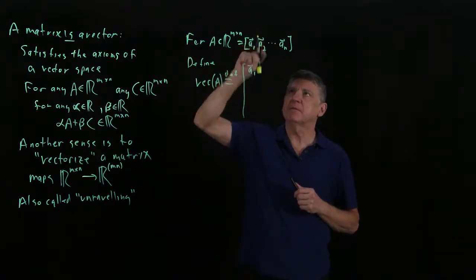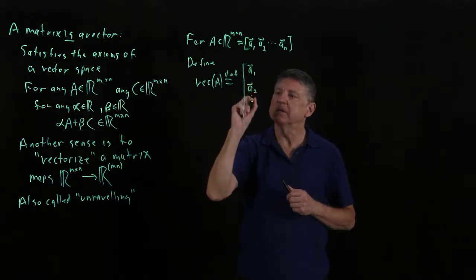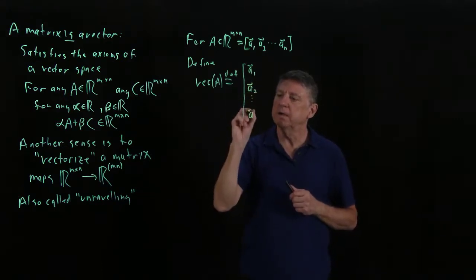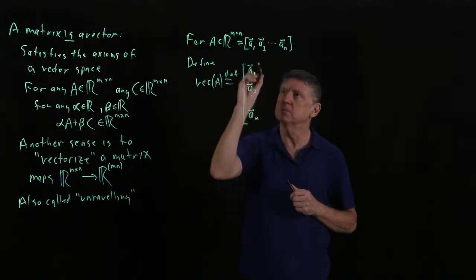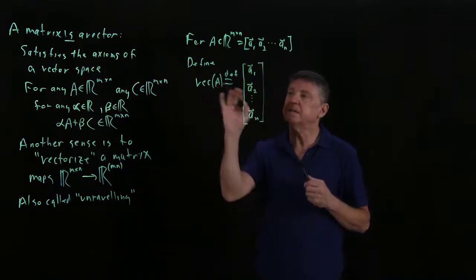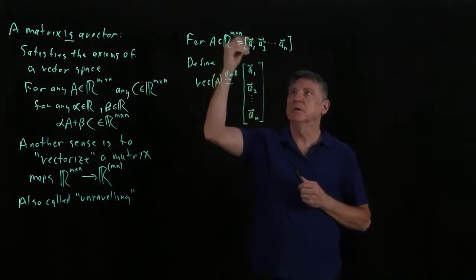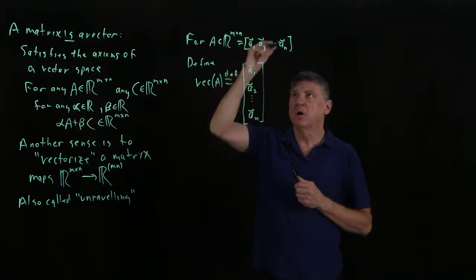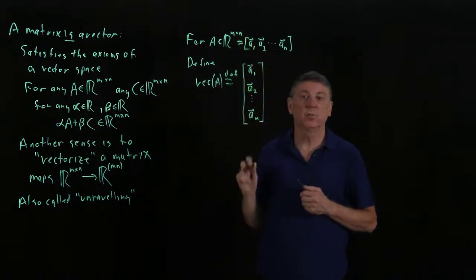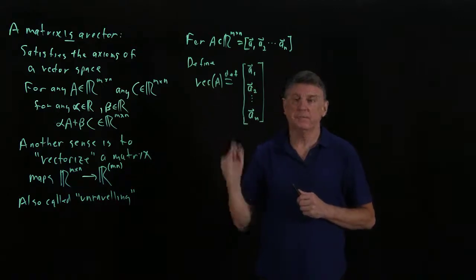Then we unravel the second and put A2 here, and we continue until we have represented all n columns of the matrix. So that is how we'll vectorize. We'll take a matrix and just copy all of the data into one great big vector. In MATLAB, the function is called vec.